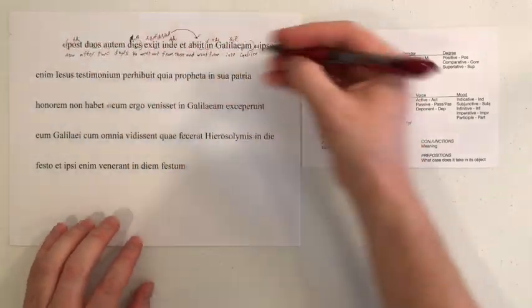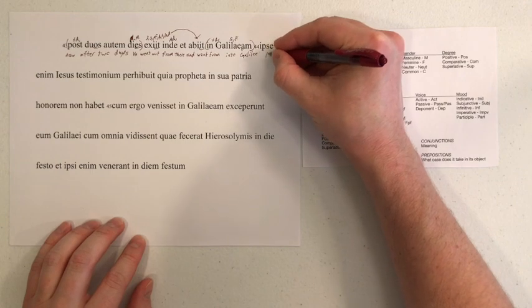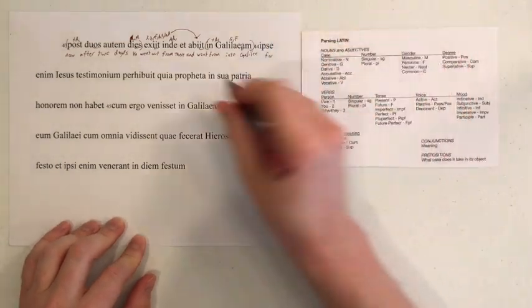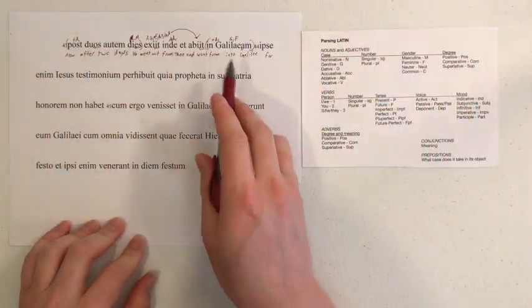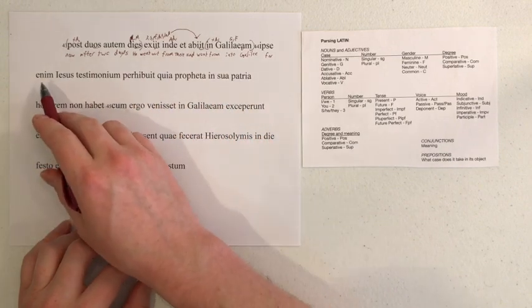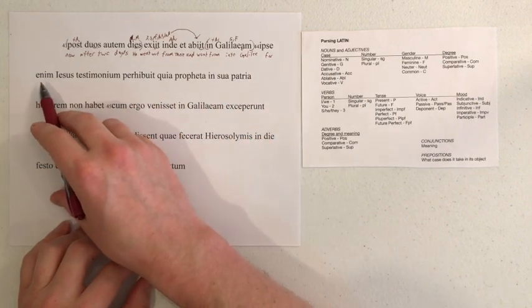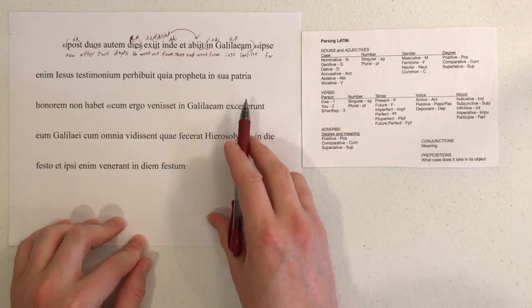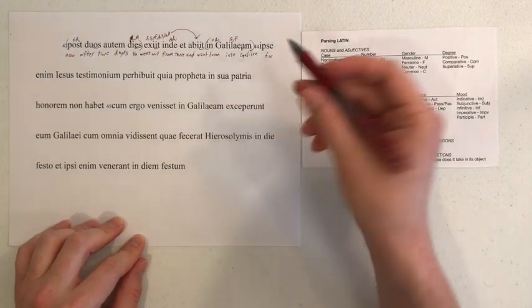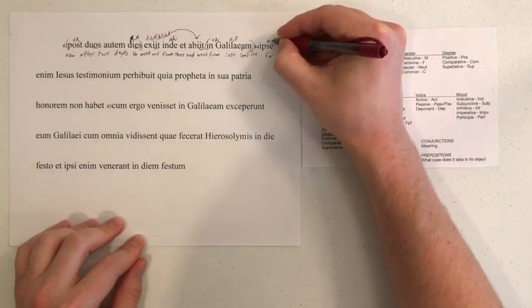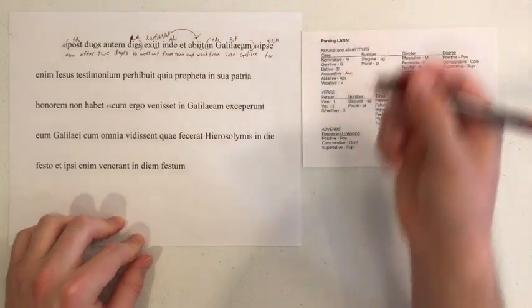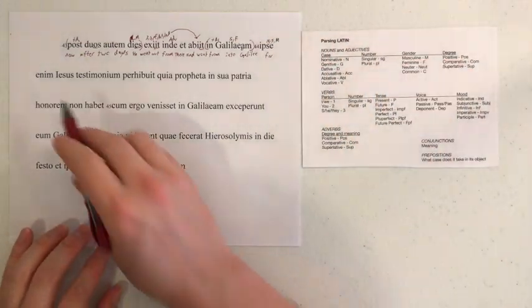Ipse enim, telling us the reason for why Jesus is doing this. Enim is a postpositive, so it fits in this spot precisely, telling us that we've got a new idea happening right here. Ipse is our nominative, singular, masculine. Ipse, ipsa, ipsum.